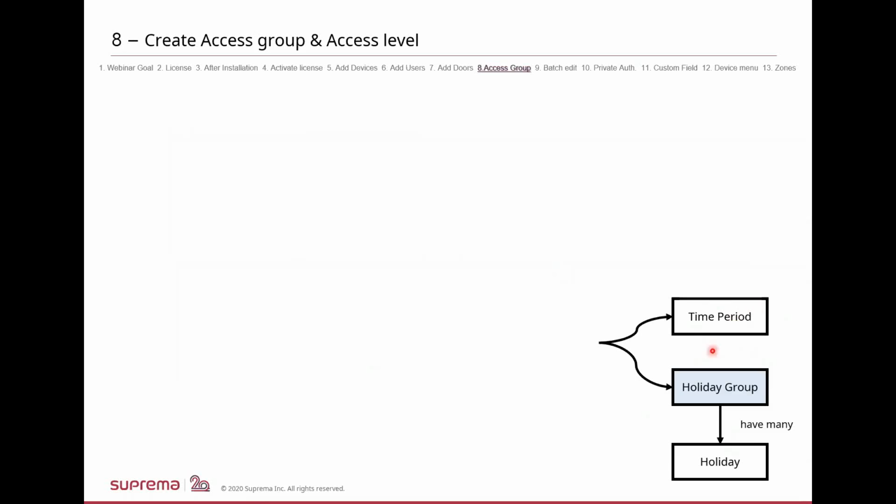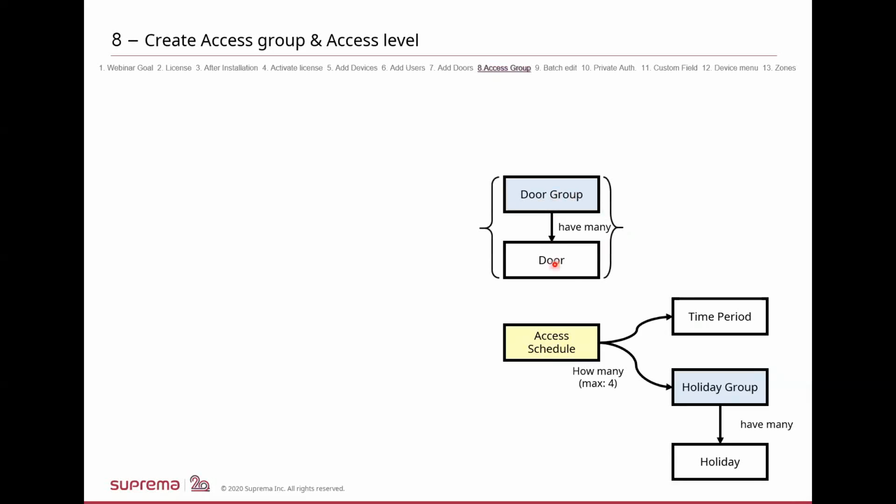So the time, including the holiday time period, is like 8 a.m. to 5 p.m., 7 a.m. to 6 p.m. This is the time period. And we have holidays, Christmas, Eid holidays, New Year, whatever holidays are set up in the holiday or holiday group, plus the time. This is what we call access schedule or schedule. So now this is what defines the schedule.